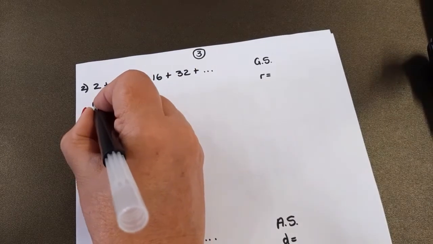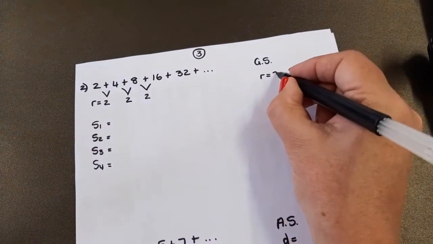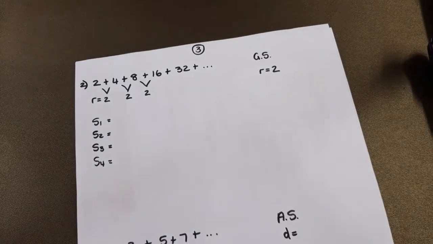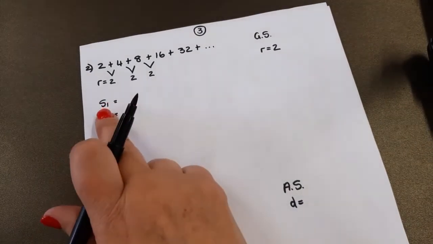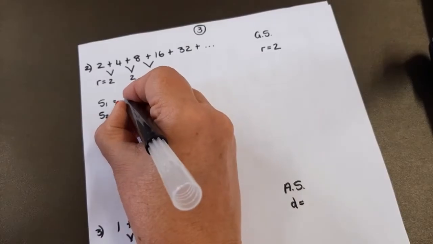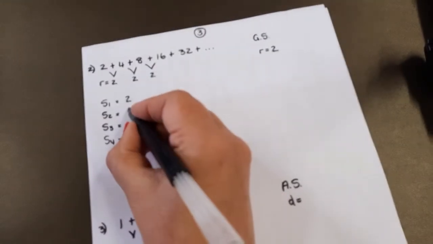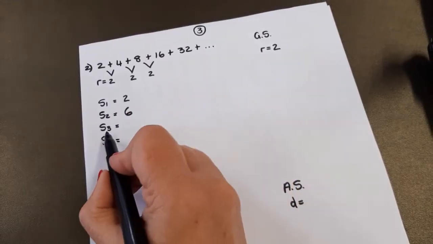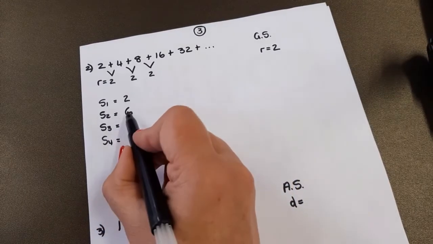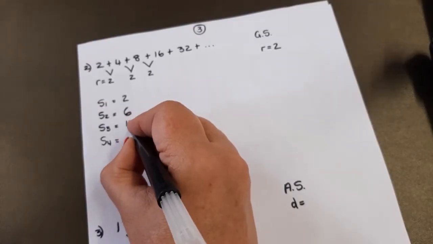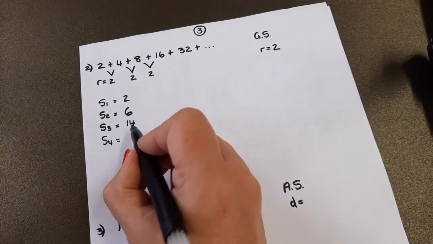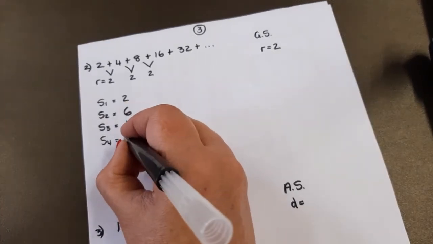So in this case we have an r of 2. What will the sum of the first term be? It will be 2. If you sum 2 terms, we get 6. Add 3 terms, 6 plus 8 is 14. Add 4 terms, 14 plus 16 is 30.